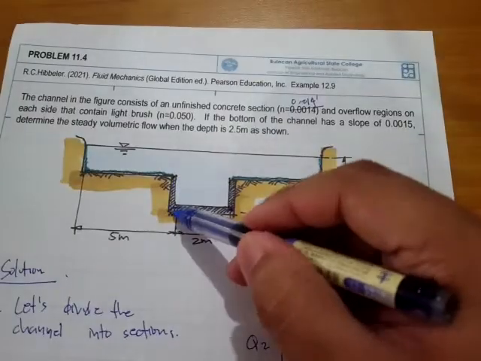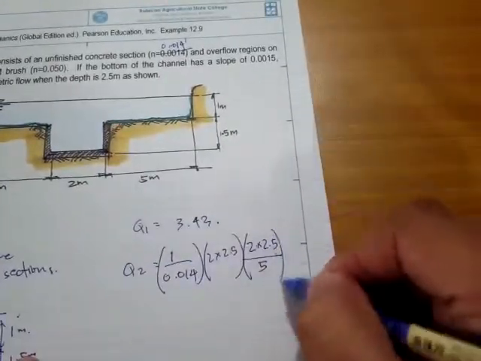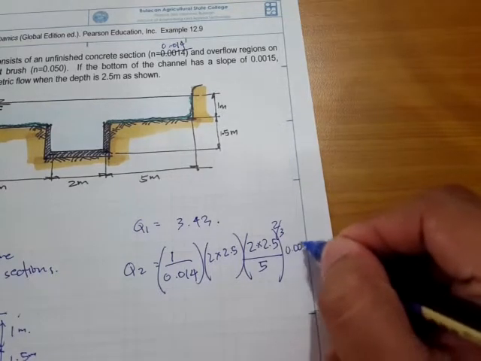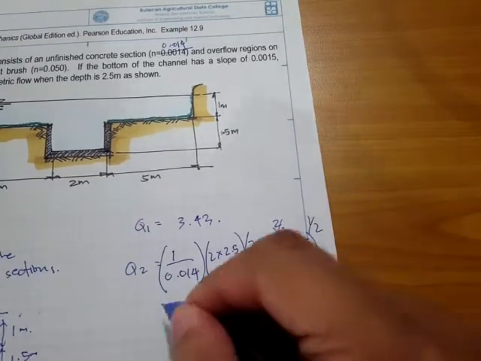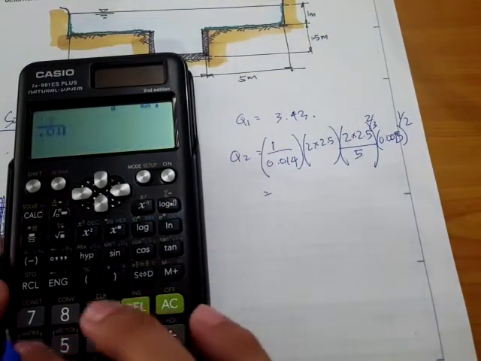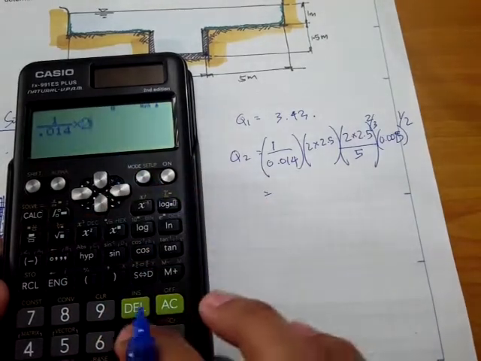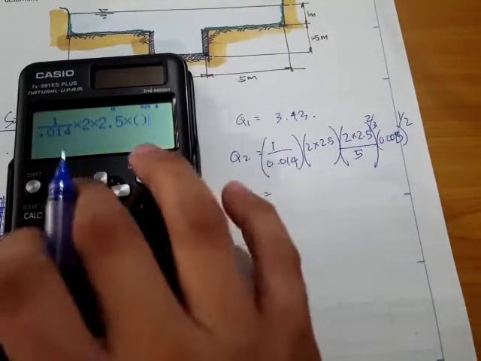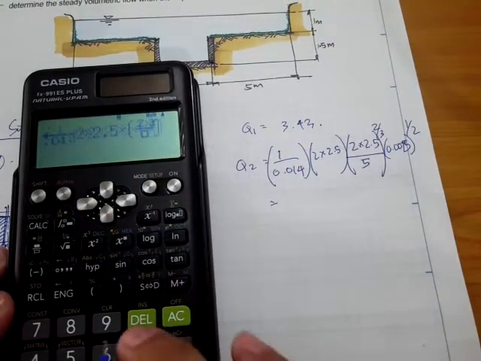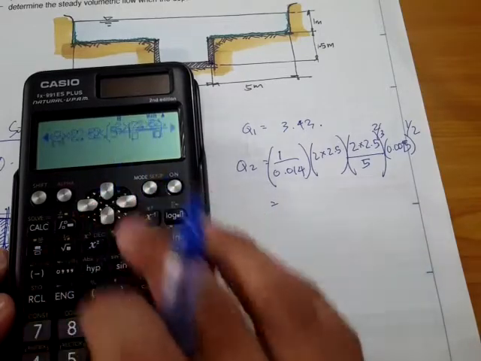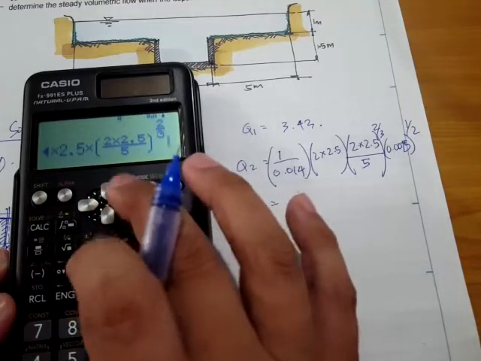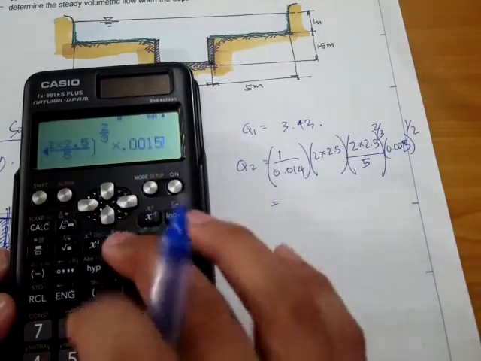So 1.5 plus 1.5 is 3, plus 2, so 5, raised to 2/3, and for the slope, 0.0015 raised to 1/2. So 1 over 0.014 times 2 times 2.5 times the hydraulic radius, 2 times 2.5 divided by 5, raised to 2/3, times 0.0015 raised to 1/2.